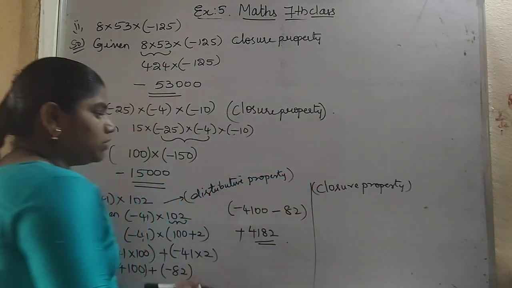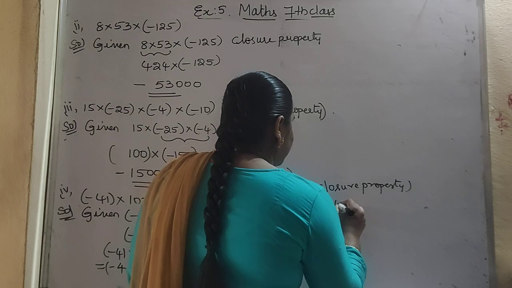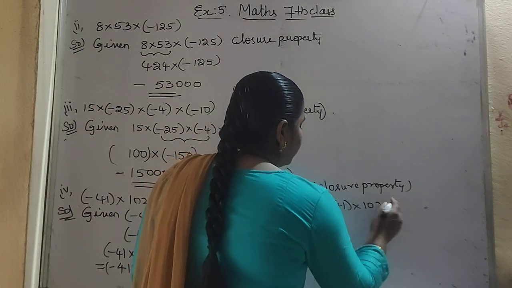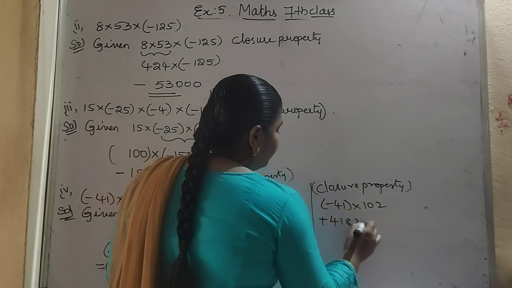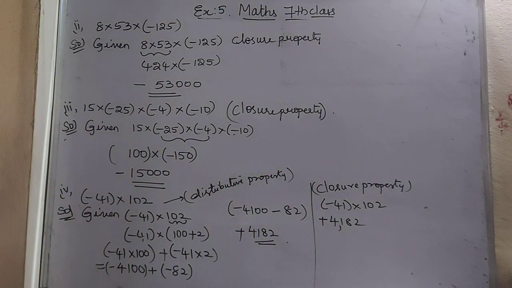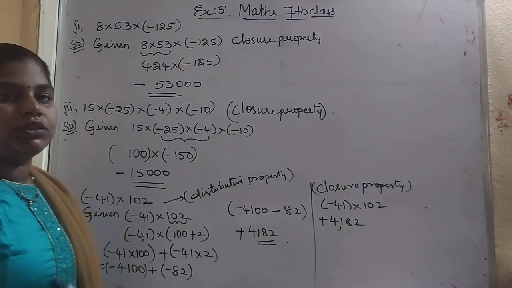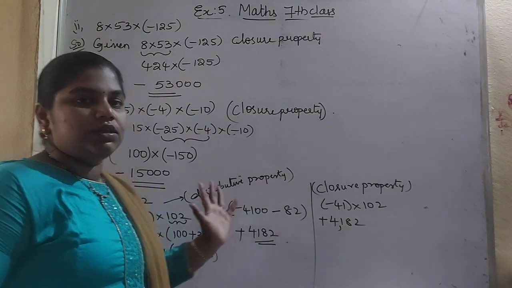So that's why I told this distributive property also. So the closure property: minus 41 into 102, just multiply these two terms. The answer will be plus 4182. Closure property is nothing but multiplication of two integers should be again an integer. So we can use two different properties for this.